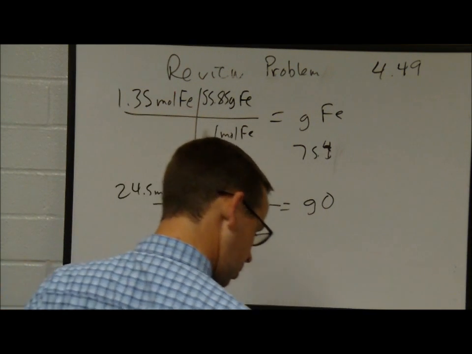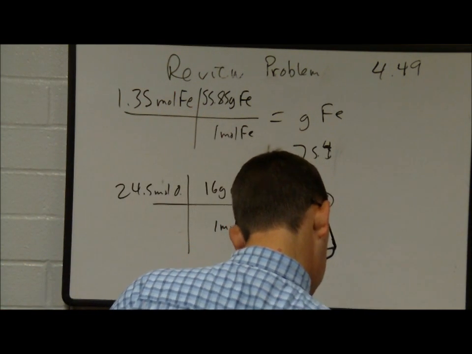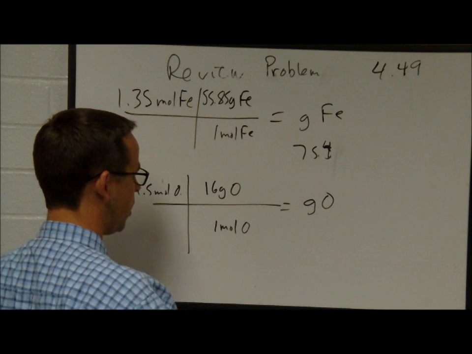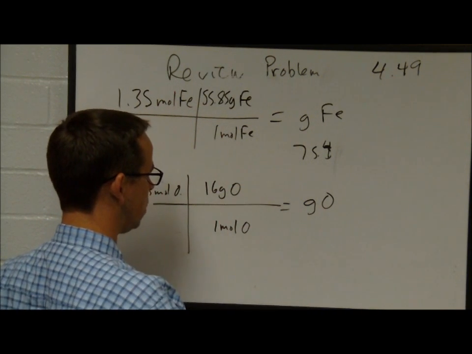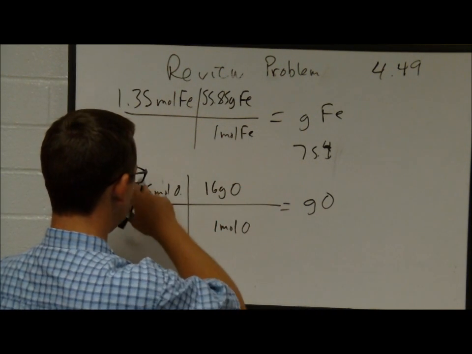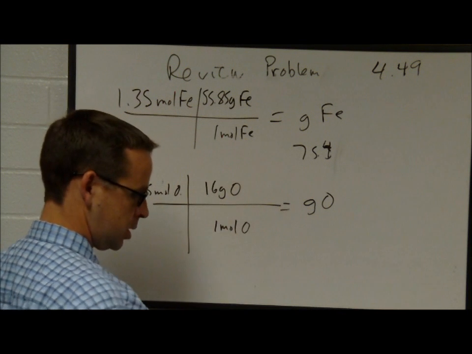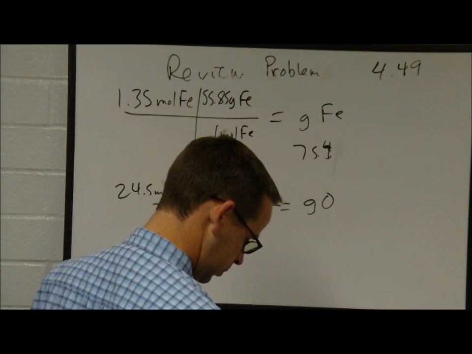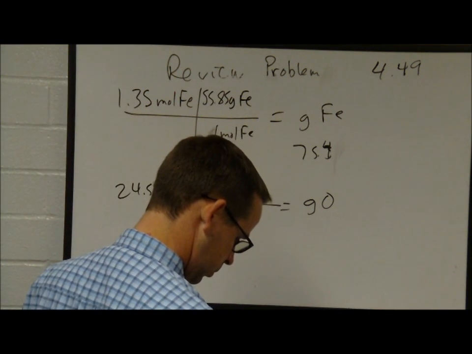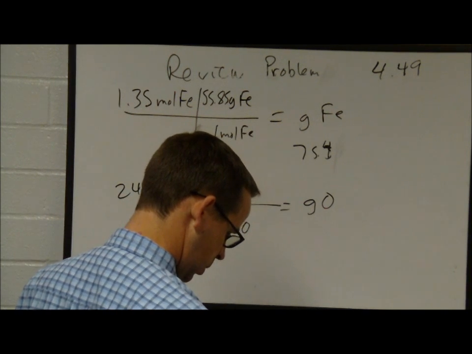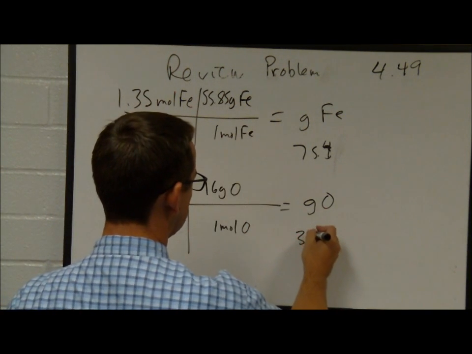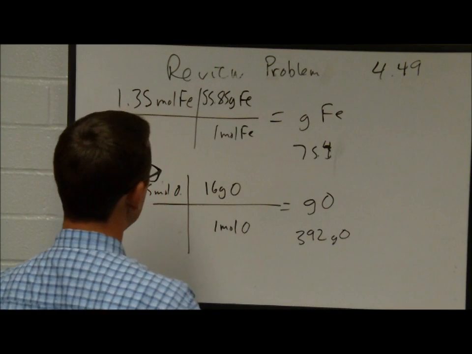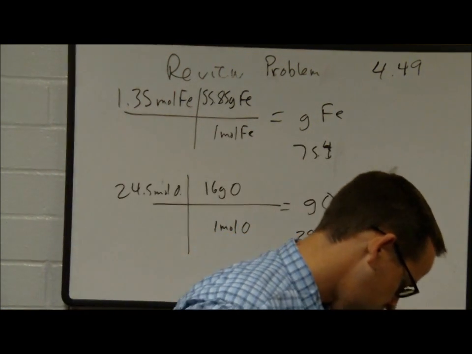You look on the periodic table to remember that. Oxygen, 16 grams per mole. That's the mass per mole. 24.5 times 16 is 392 grams of oxygen. There's A and B.